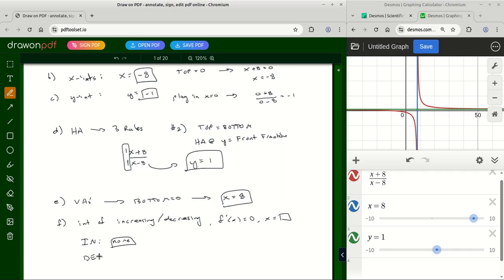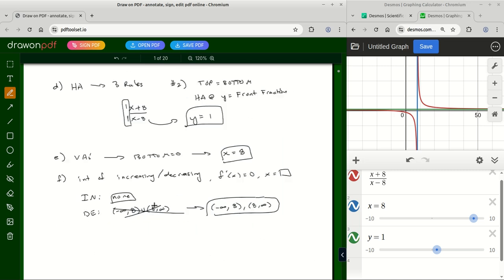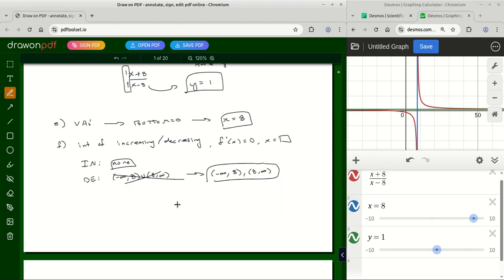For decreasing, I'm going to say everything besides this positive 8. And I put this in here because they want it comma separated. And that is now the answer. Oh, it's so annoying. And that's what I put for my notes. It said, annoying.